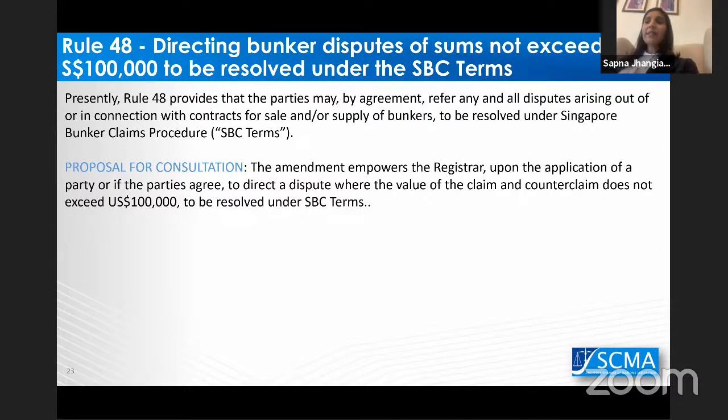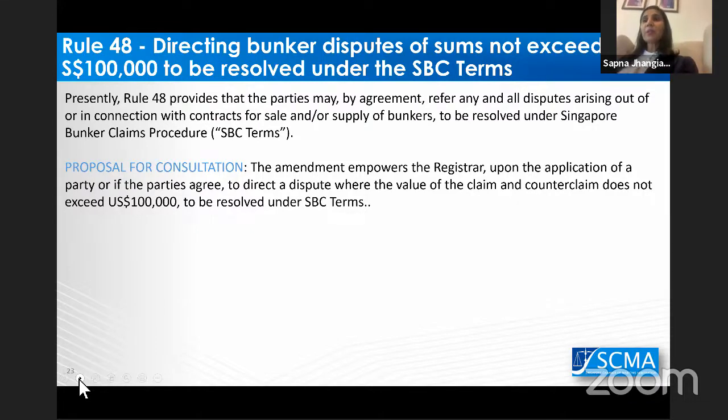Currently, the SBC Terms, which is the shorthand for the Singapore Bunker Claims Procedure, will apply where the parties agree, but a possible amendment would be to empower the registrar, upon the application of a party, or if the parties agree, to direct a dispute where the value of the claim and counterclaim is below $100,000 for it to be resolved under the SBC Terms. So again, there would be a possible expansion of the scope of cases in which the SBC Terms may be applied. So that's it for the specific possible amendments that have been set forth in the report.